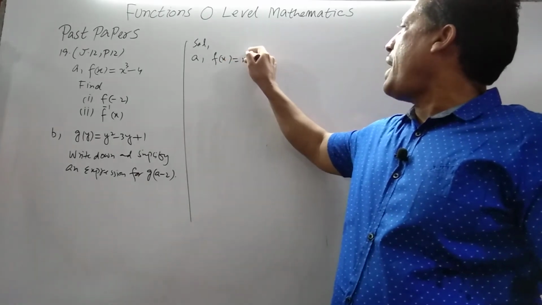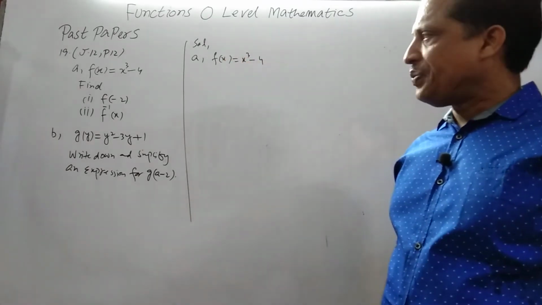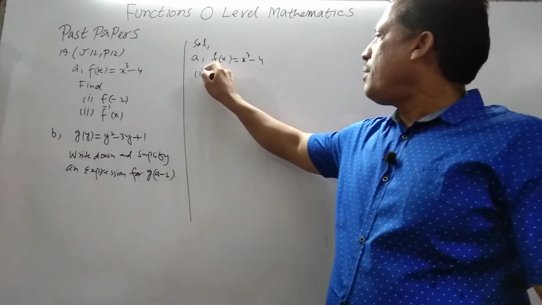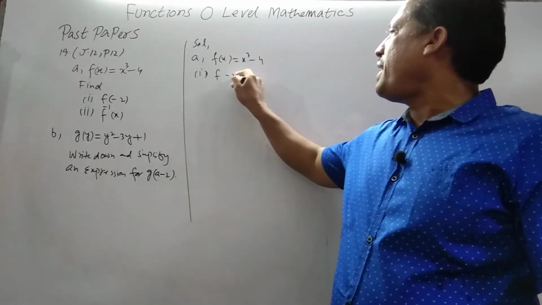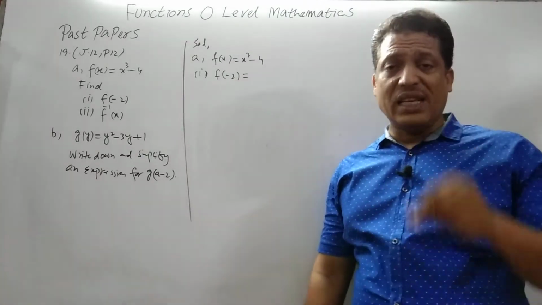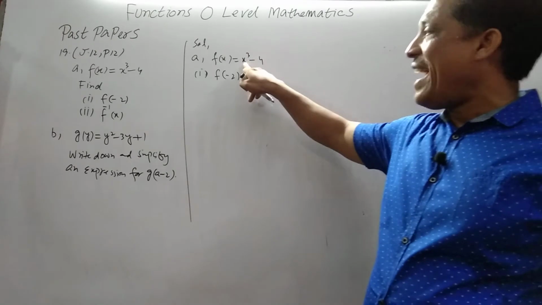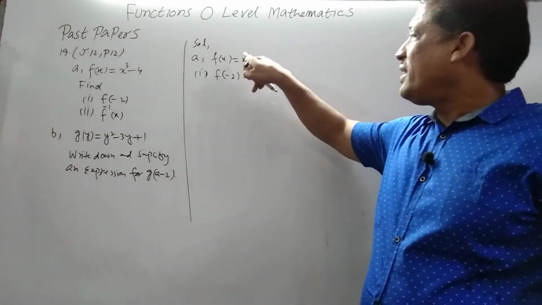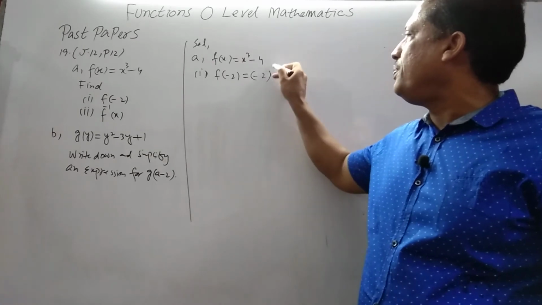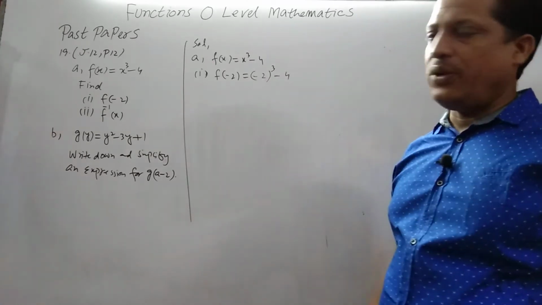f(x) equals x cubed minus 4. What is the requirement in part number 1? In part number 1, the requirement is find f of minus 2. F of minus 2 means we have to put minus 2 where we see x in the question. There is x cubed, so it will become (minus 2) cubed minus 4.